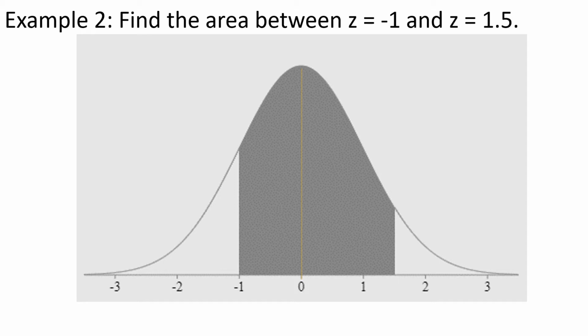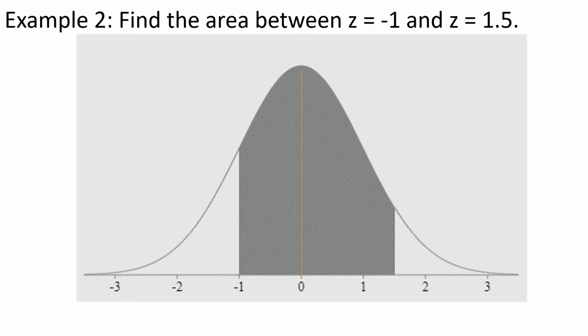So if we would like to find the area from -1 to 1.5 under the normal curve, the strategy will be to get the sum of the areas of these two. Because there is no direct area that the z-table will give us from a negative number to a positive one. It only gives us the area from 0 to another number, a positive number actually.